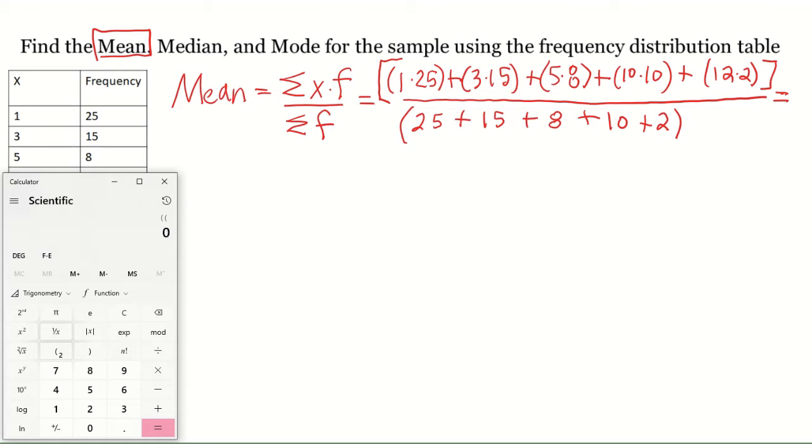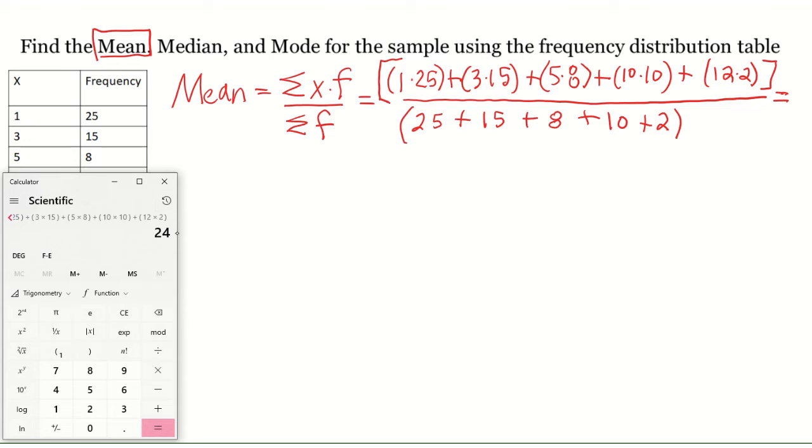I'm going to do the double brackets. 1 times 25 plus 3 times 15 plus 5 times 8 plus 10 times 10 plus 12 times 2.